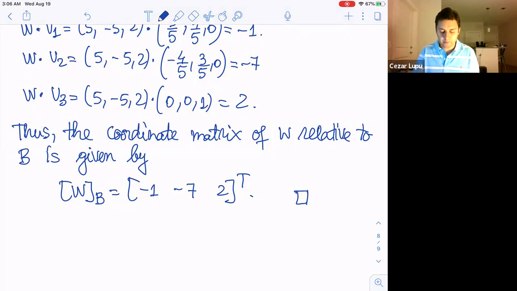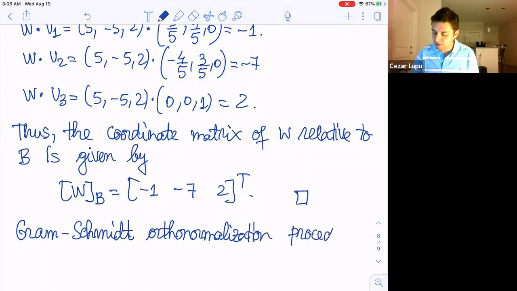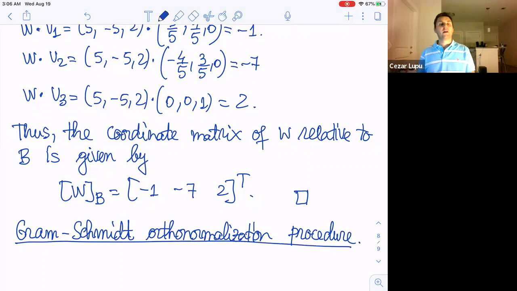Now we're in a position to talk about the Gram-Schmidt orthonormalization procedure. You will see that this will be very, very useful and important. In other words, this is the most important thing that we will study in this chapter.